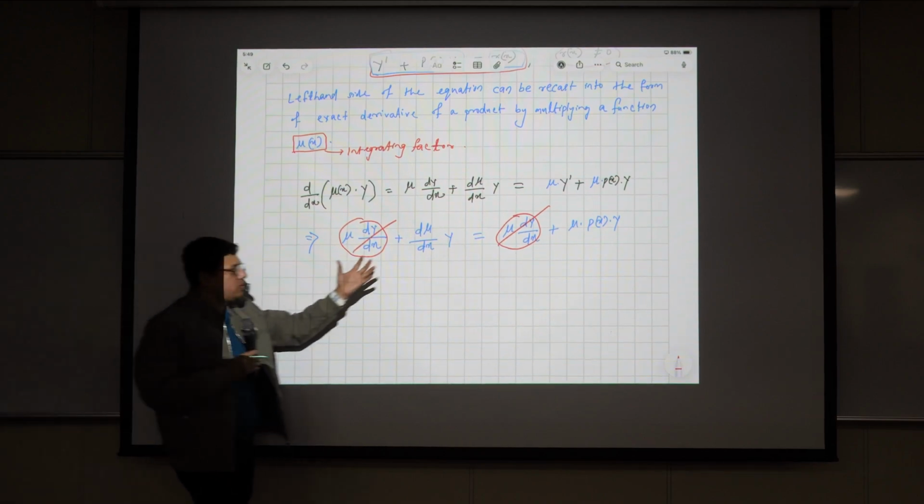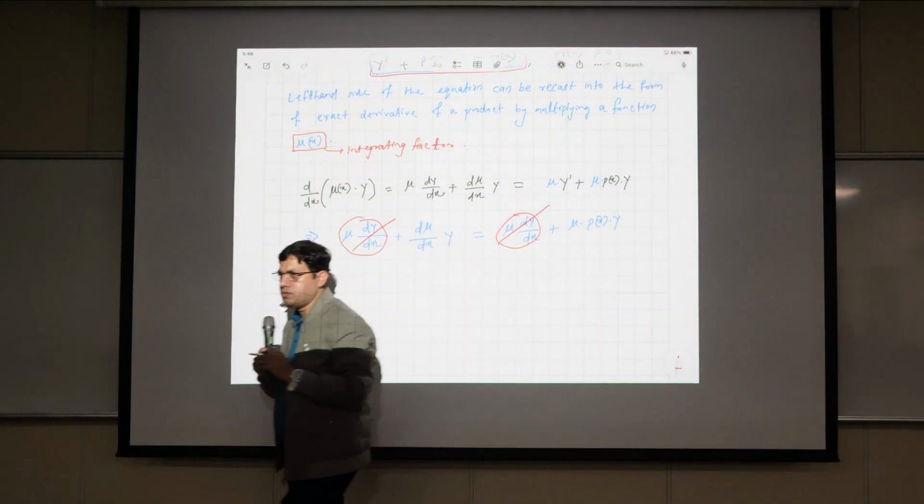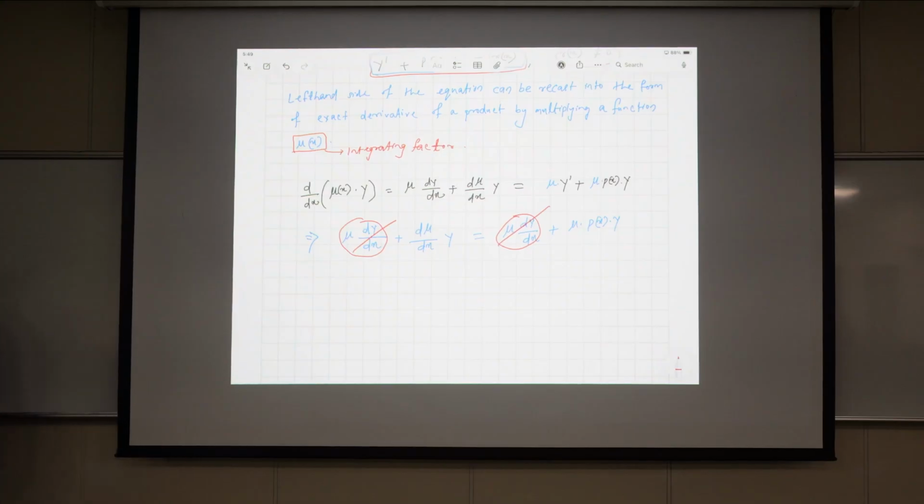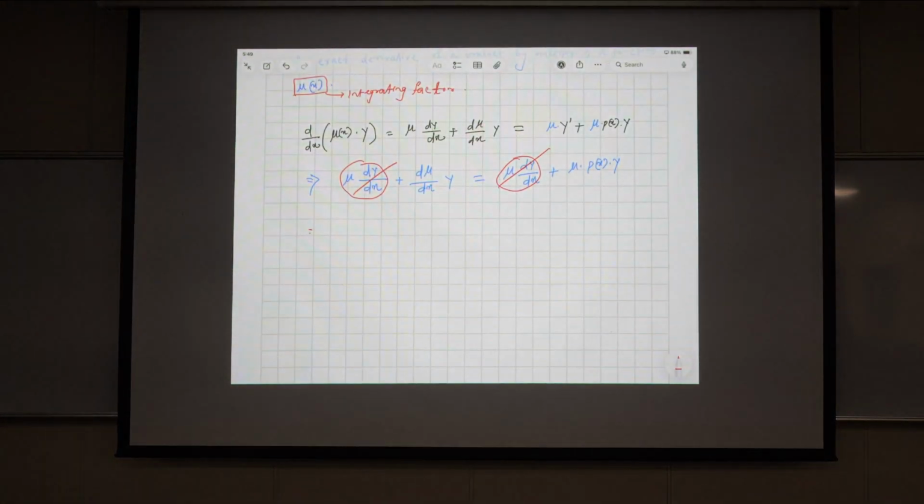That means now these two must be equal: d mu by dx is equal to mu p x, because there is a y on both sides, we can cancel them.